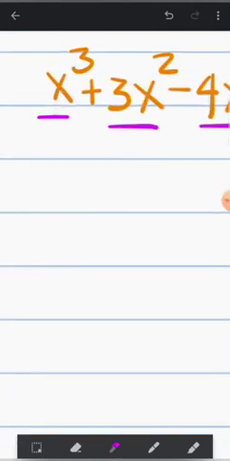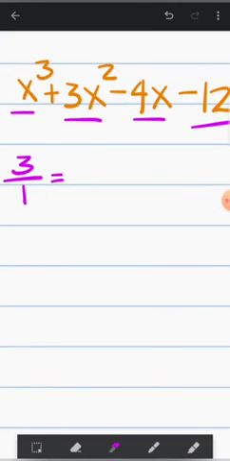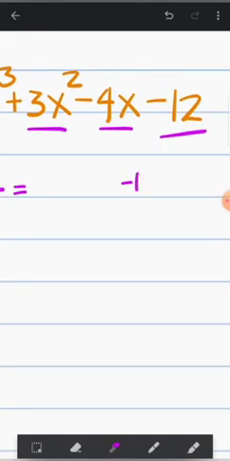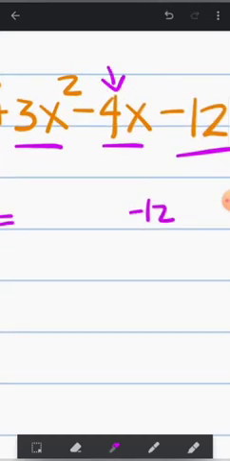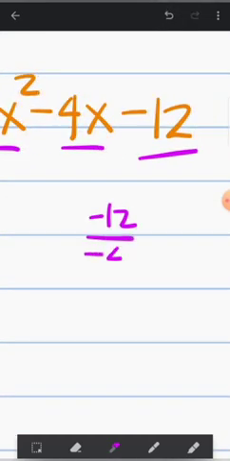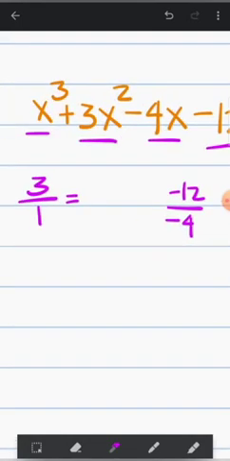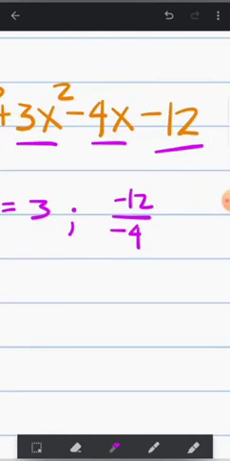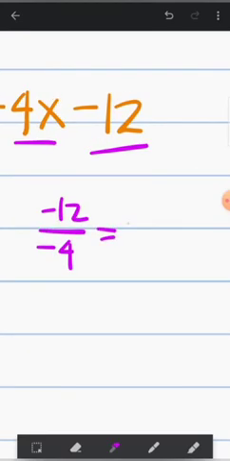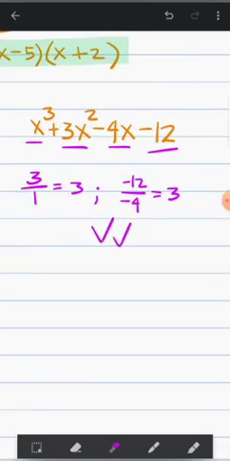So what I mean by that is 3 divided by the coefficient of this term, which is 1, is it equal to negative 12 divided by negative 4? So 3 divided by 1 is 3, and negative 12 divided by negative 4 is 3. And thus they are equal.